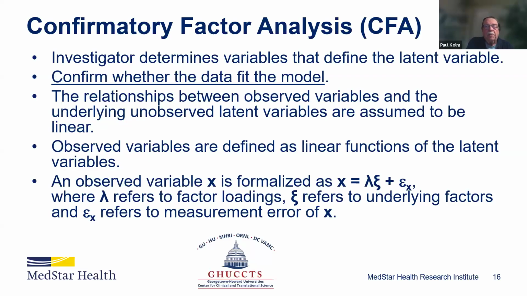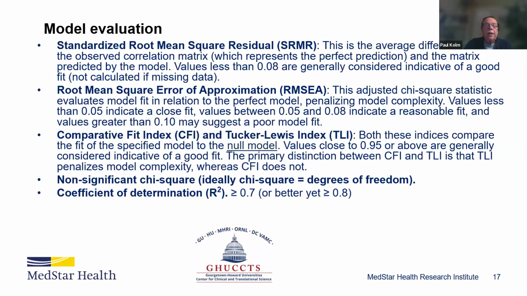The fact that they're bold means that they're matrices and not individual variables or terms. So when we are doing confirmatory factor analysis, what we want to do is evaluate how well our model fits, or how well the data fits the model.